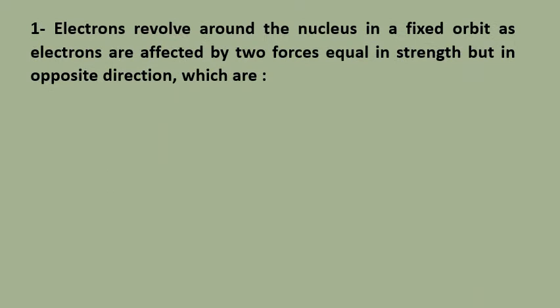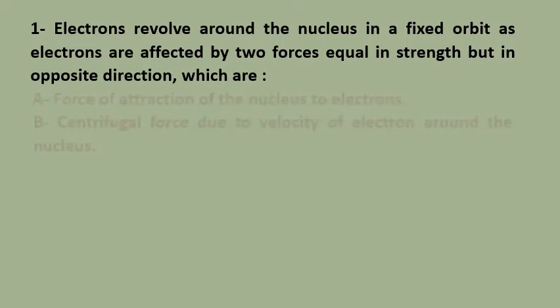he said that the electrons revolve around the nucleus in a fixed orbit, as electrons are affected by two forces. These two forces are equal in strength but opposite in direction, and this is the reason why the electrons don't fall inside the nucleus.